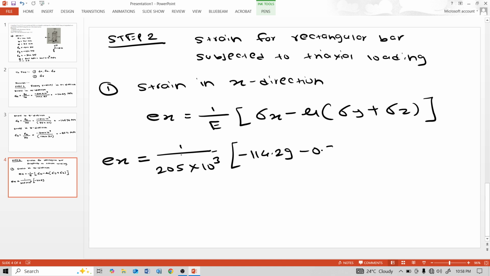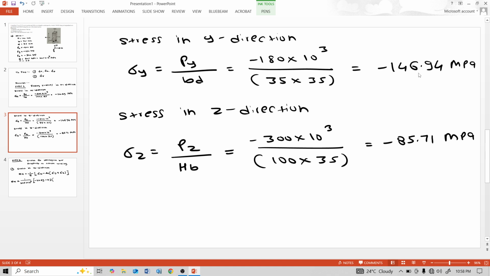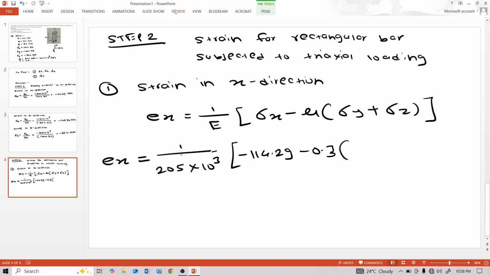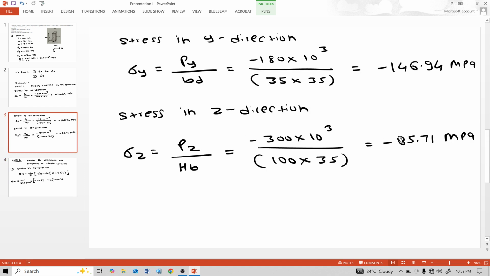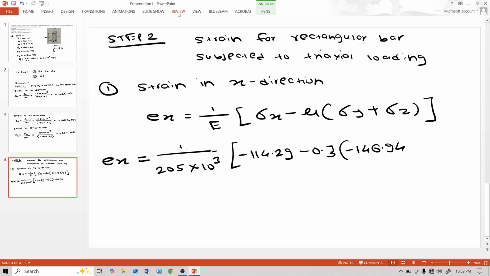Poisson's ratio is 0.3. Stress in y direction minus 146.94, and stress in z direction minus 85.71.